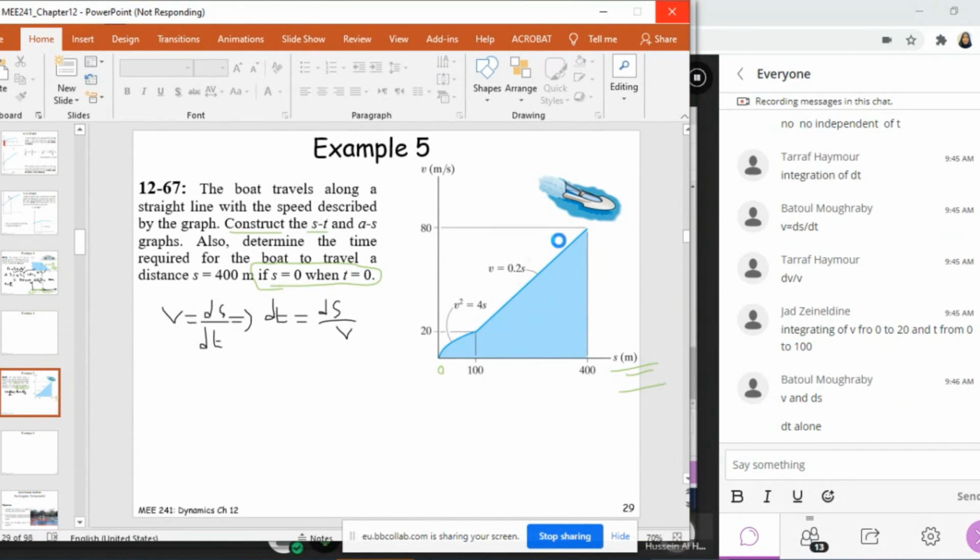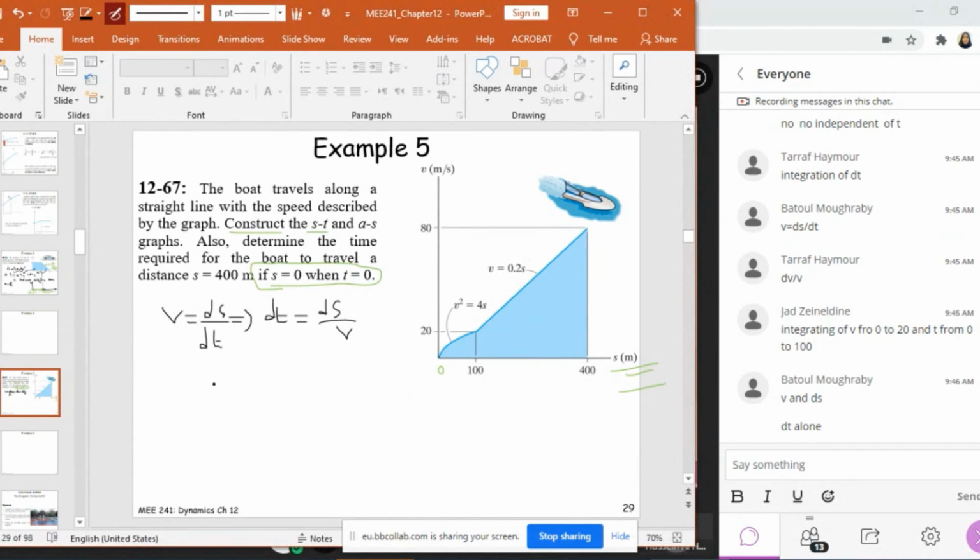Now, since I have two equations of v, I'm going to divide my curve into two parts. In the first part, s is between 0 and 100. If s is between 0 and 100, I know that v is equal to what? V is equal to 2 radical s, because v is positive. All right?